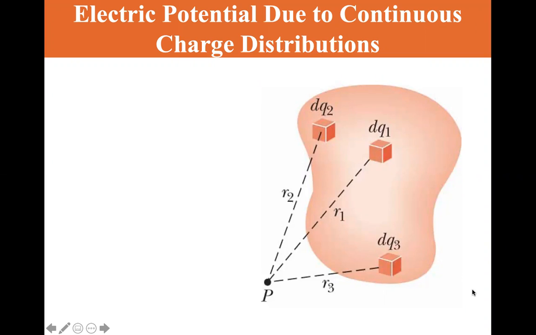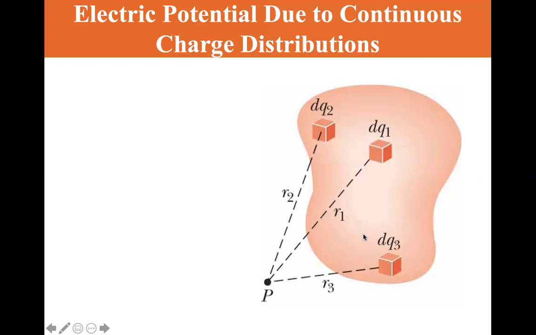So, electric potential due to continuous charge distributions. Now we have a point P. We want to know the electric potential at this point from all these contributions, dq1, dq2, dq3, all at different radii, r1, r2, r3.